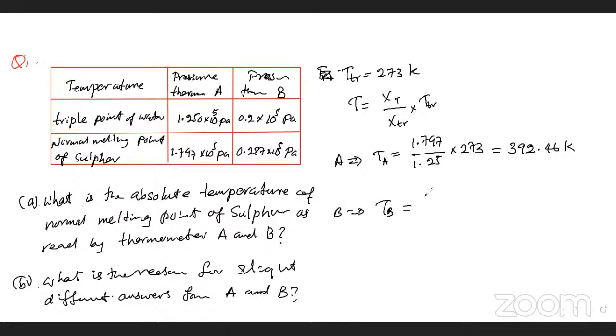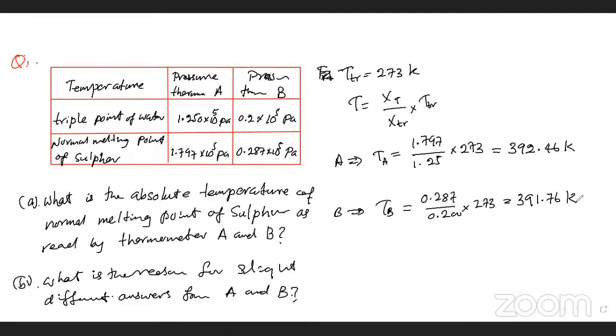And for thermometer B, it's given as 0.287 divided by 0.2, multiplied by 273, so that's 391.76.